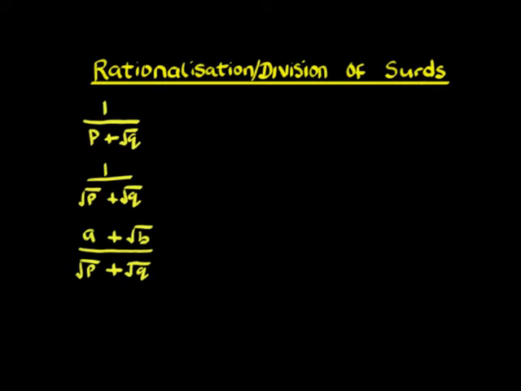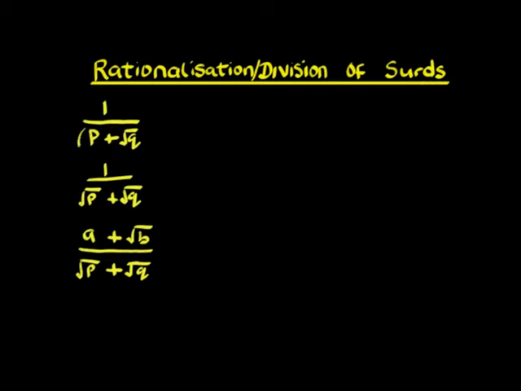In order to rationalize these surds, we multiply both the numerator and the denominator by the conjugate of the denominator. For this first case, the conjugate of p plus root q would be p minus root q.